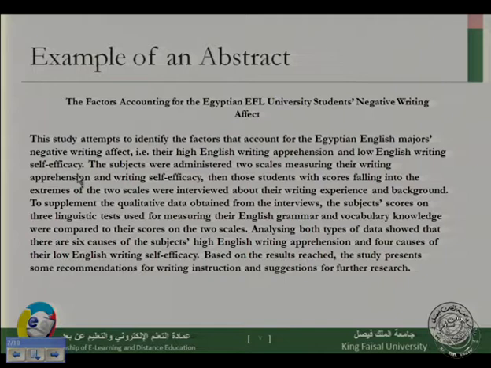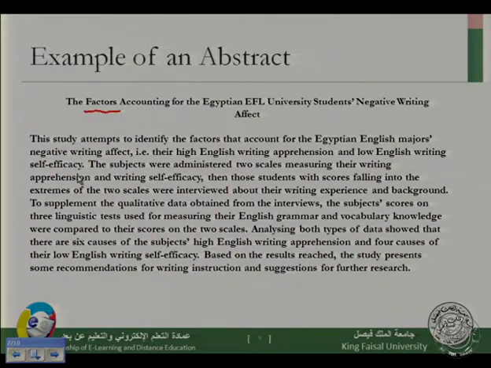So let's see an example of an abstract. The factors accounting for the Egyptian EFL University students' negative writing effect. So this is the title of the research. From the title, we know that we are going to read about factors.